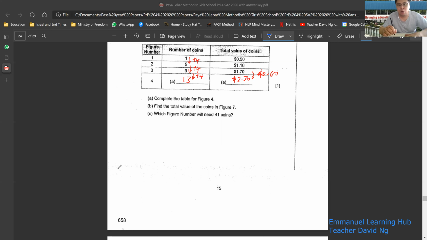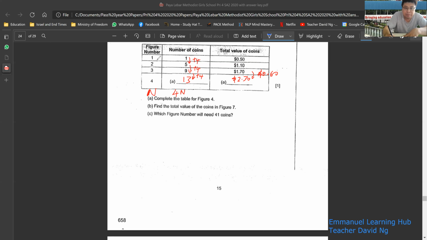Find the total value of the coins in figure 7. Before you do that, let's work out the figure number. Let's say it's figure n. If it's figure 1, 2, 3, 4, you have figure n. Okay, see figure n, the number of coins would be 4n, because the difference is 4, right? So it's 4n.